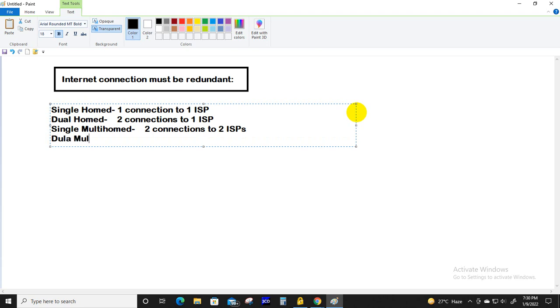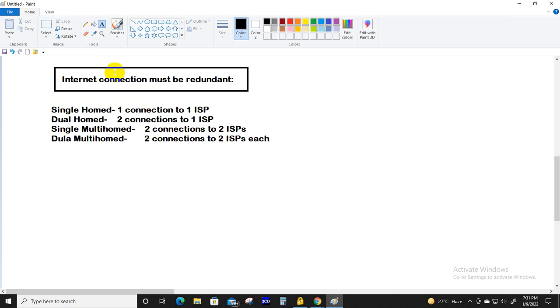Dual multi-homed, two connections to two ISPs each. So your internet connection must be redundant.